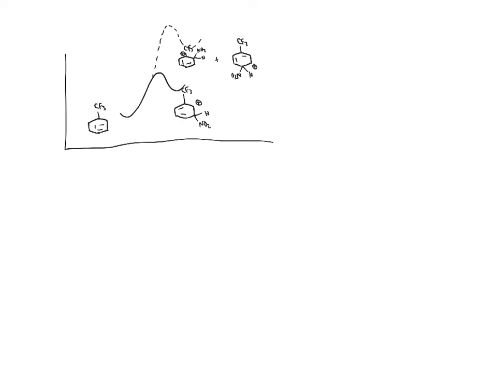a lot higher, right? So we've got a transition state here and a transition state here, and of course, if we're controlled kinetically, then we're going to go over the hill that is a lot lower, right? So the pathway leading to the meta product has a transition state that is lower in energy, right? Why? Because the trifluoromethyl group is strongly electron withdrawing due to its inductive effect.